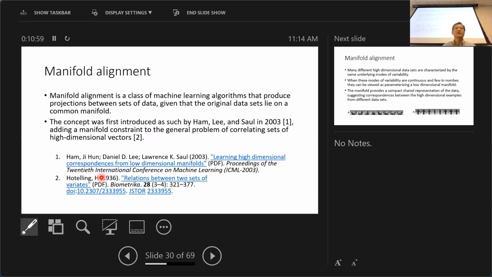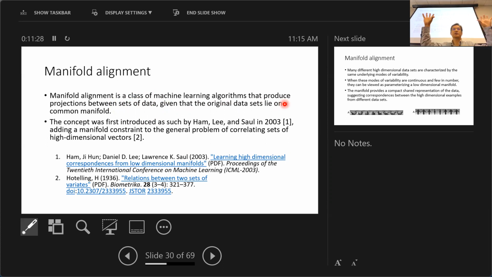Manifold alignment is also a manifold-based machine learning algorithm. It takes more than one data set, data from both sides, to produce the projection. You have two data sets, and you believe they share a common manifold structure.